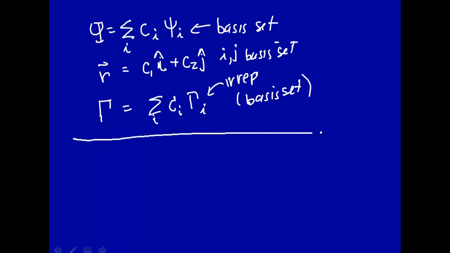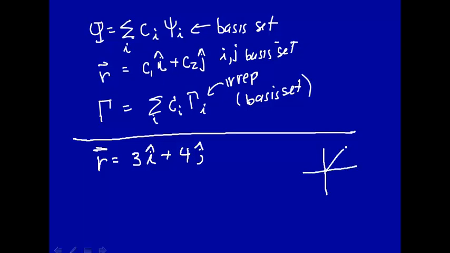Now let's just do the example in the 2D plane. So suppose we have R is, say, 3 times the I vector plus 4 times the J vector. So that's a vector which starts at the origin and goes up to this point, which is 3 on the x and 4 on the y, and we got that by going 1, 2, 3 on the x in the I direction and 1, 2, 3, 4 in the J direction.